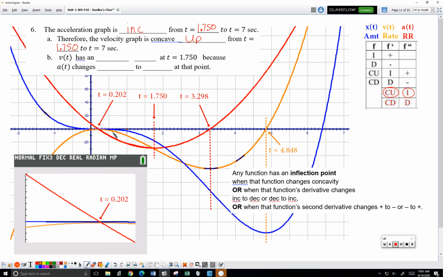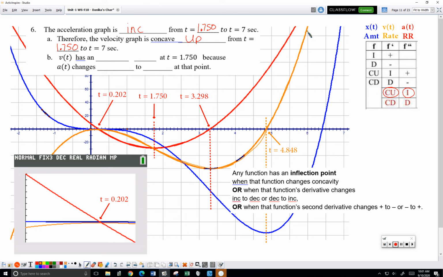This section right here is definitely concave down for velocity. At the exact moment when acceleration starts to increase, right here, that's the exact moment when the curvature of velocity changes to concave up. So now velocity is concave up. Velocity will remain concave up for the rest of the graph because the acceleration remains increasing for the rest of the graph. Is that what you meant?